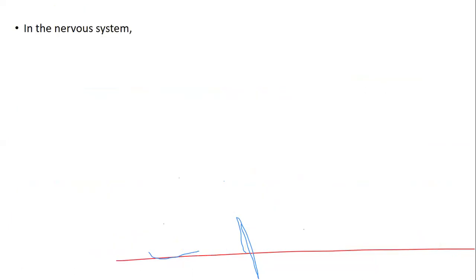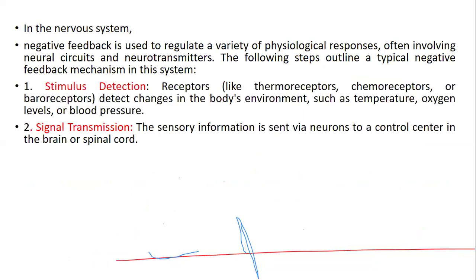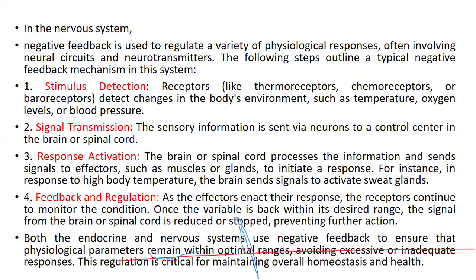Then we have for the nervous system, it is similar, but in this case, we are just only looking at neurons and nerve impulses. But otherwise, we have a similar system. So here we have receptors, which are usually thermoreceptors, chemoreceptors. Baroreceptors are pressure receptors, if you remember what a barometer is.